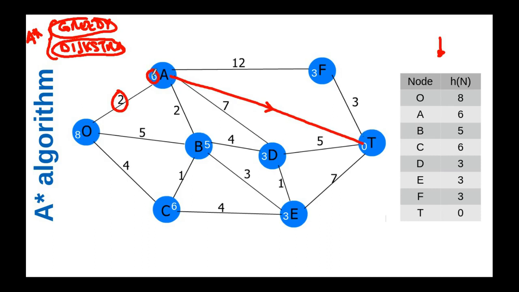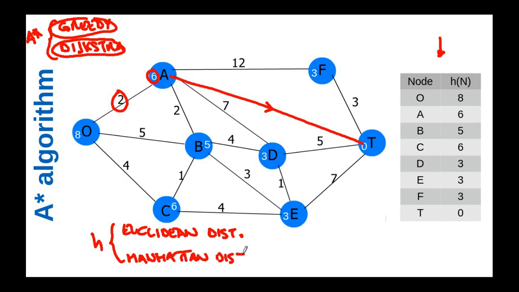In these shortest path problems, you can consider the heuristics in two ways, mainly. First of all, the Euclidean distances, like in this problem, or on the other hand, the Manhattan distances.